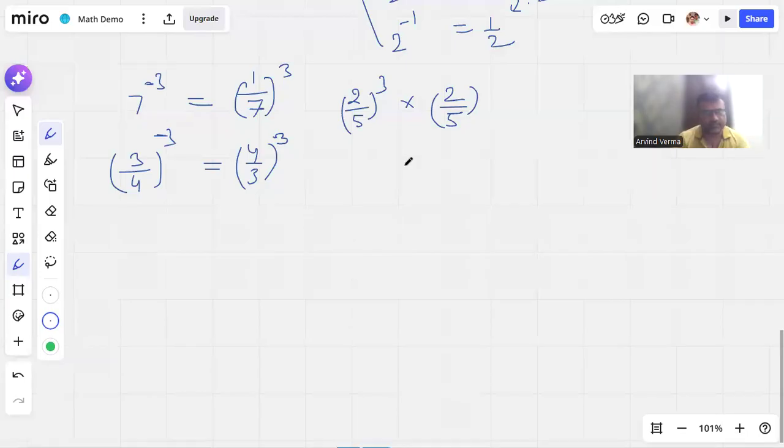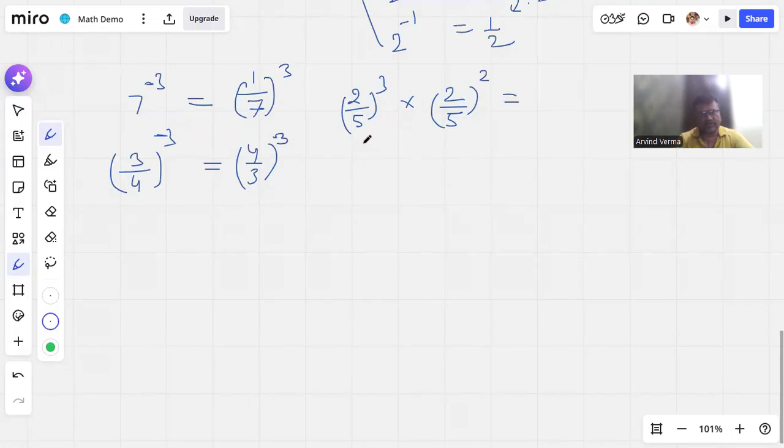So we have (2/5)^3 times (2/5)^2. What will be the result?